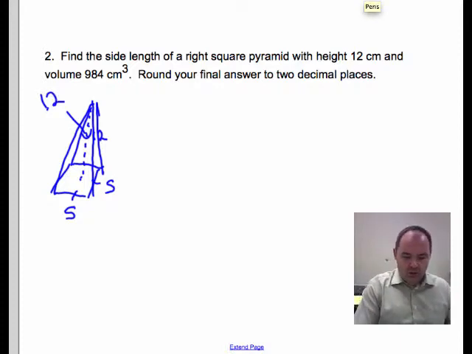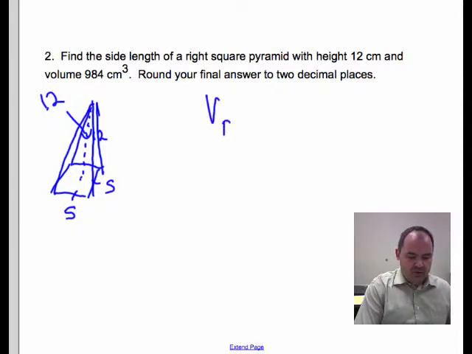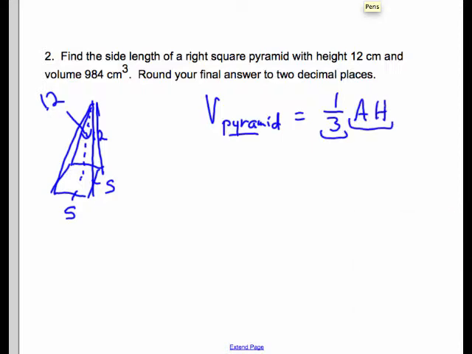Alright, we're dealing with volume here, so we can say the volume of a pyramid we know is 1/3 the area of the base times the height. Let's fill into the formula what we know. We know that the volume is 984 equals 1/3.